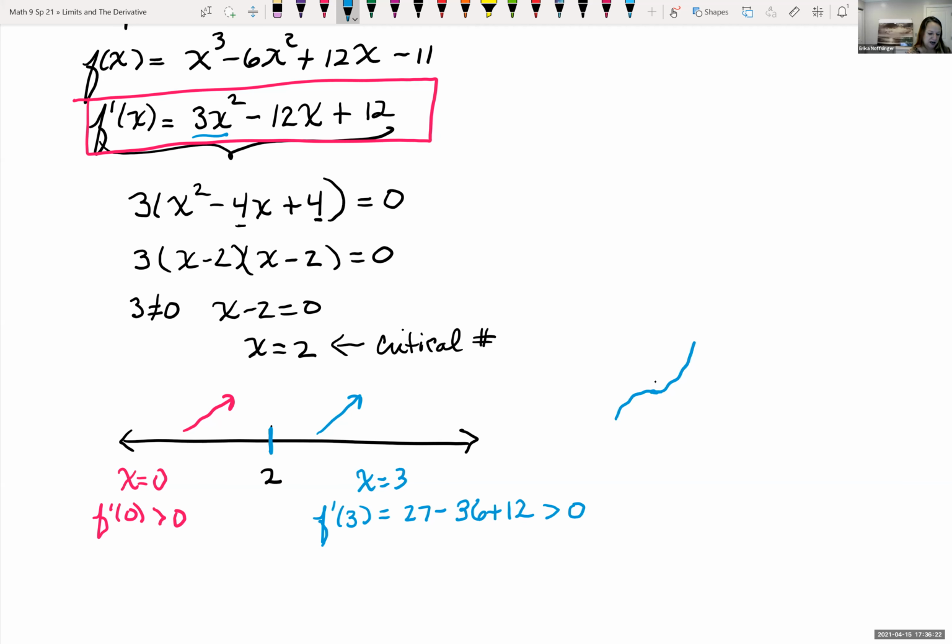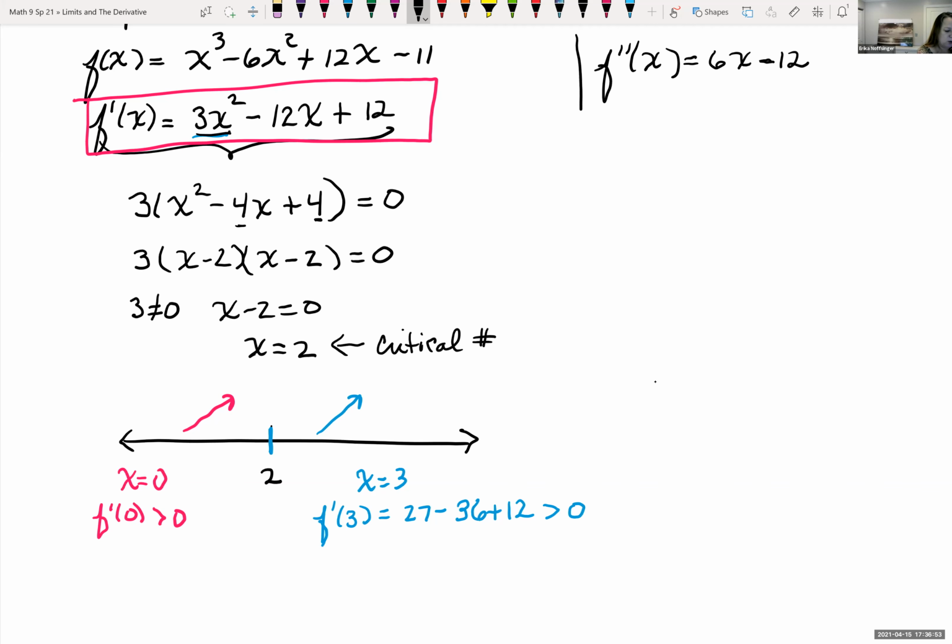But let's check and make sure what our concavity looks like. My guess is it's going to be concave down and then concave up. But let's look. So to find concavity, we want to look at the second derivative. Taking the second derivative, f double prime of x, well, the derivative of 3x squared, that's 6x. The derivative of negative 12x is minus 12, and the derivative of 12 is 0.